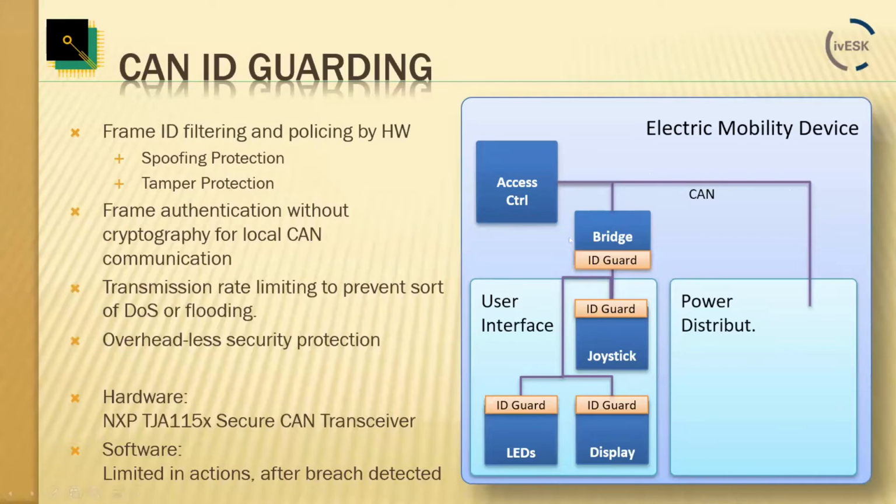So if we look at these sort of installations and we know that, for example, the joystick message is always CAN ID 123, then whenever the process running here doing this ID guarding sees CAN message 123 coming from the network side, this task will know, gee, somebody else is trying to use the CAN ID that is reserved for me.